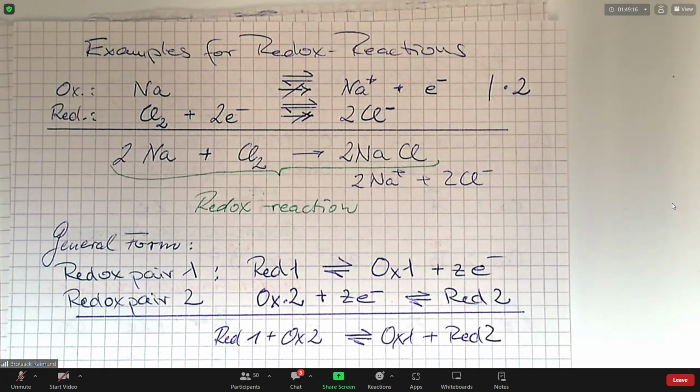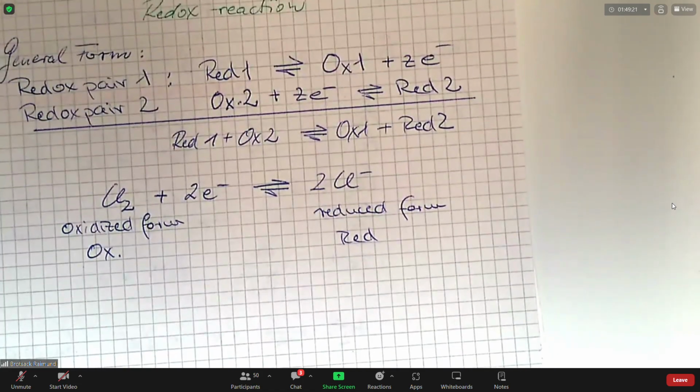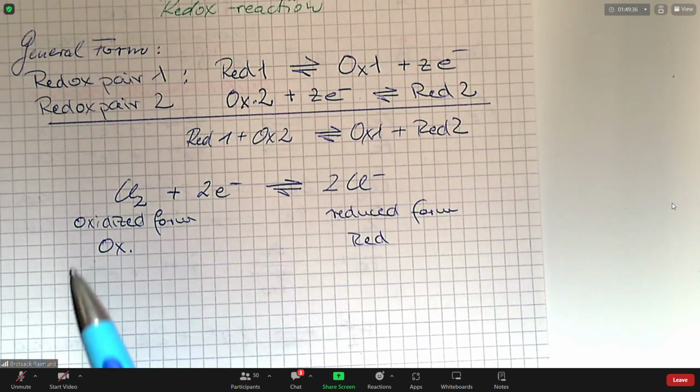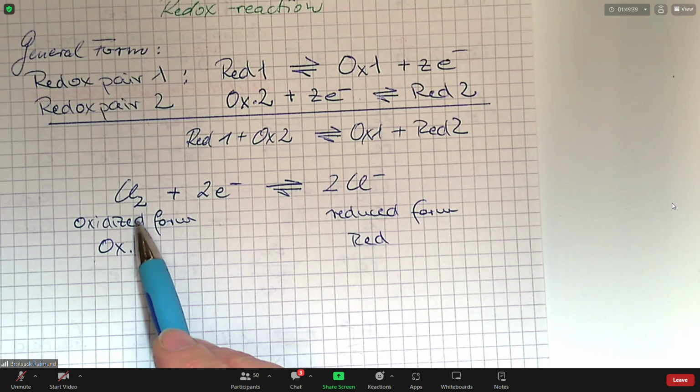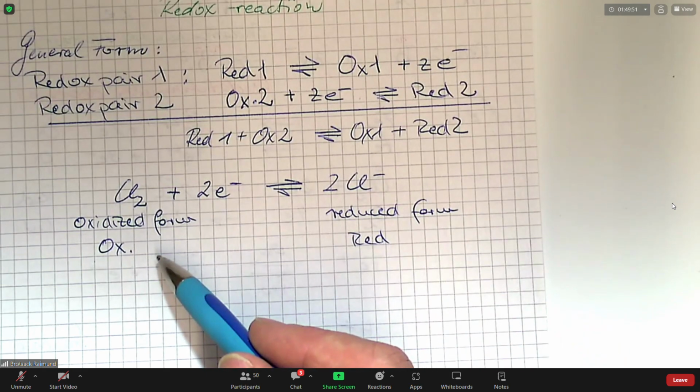We call that red. And the stronger the tendency of the oxidized form to be reduced, the weaker the tendency of the reduced form to be oxidized. It's clear, huh?